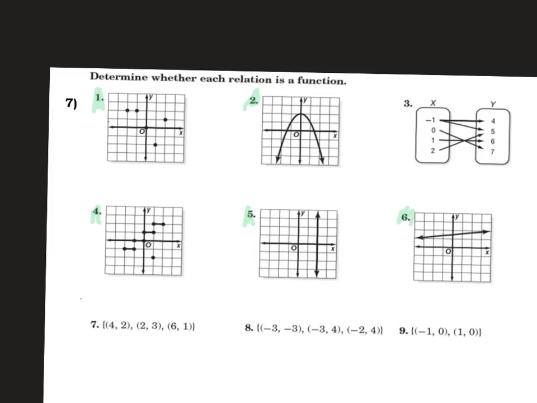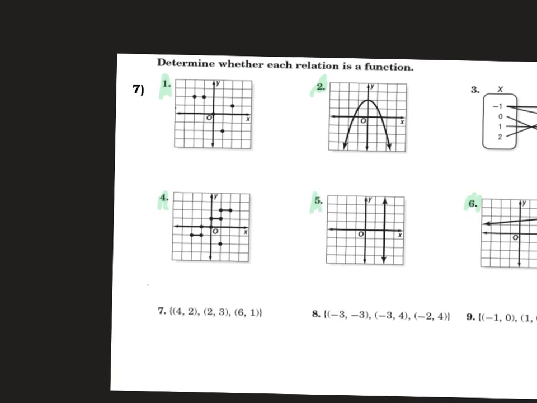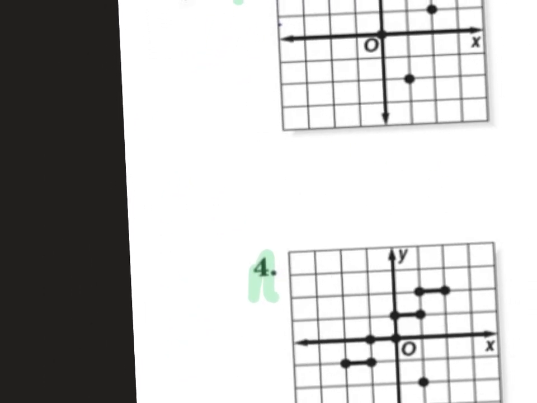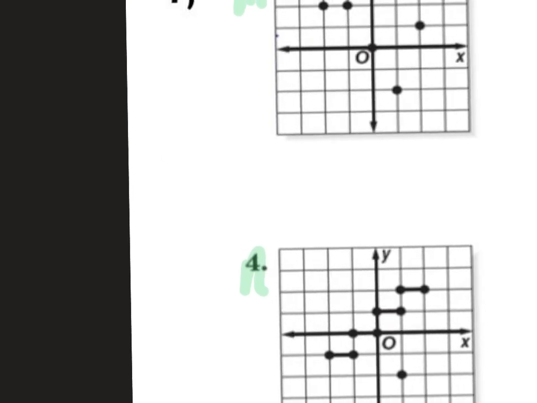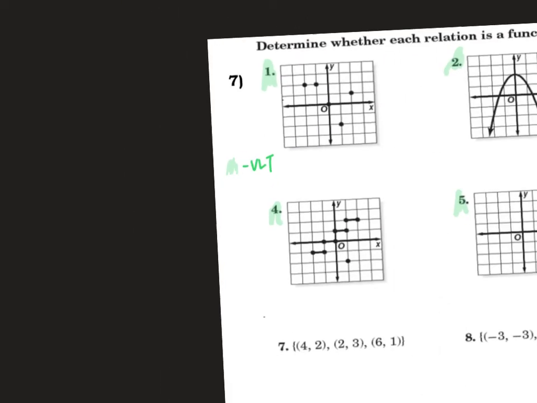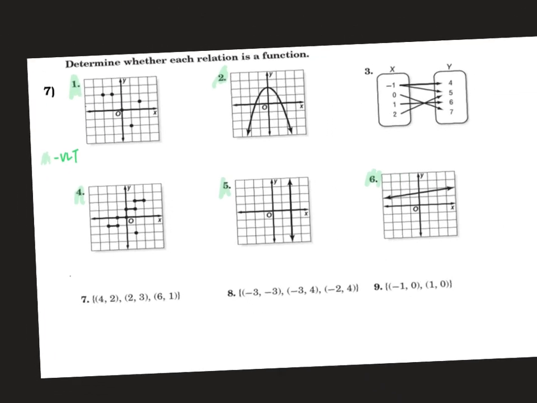Every time this is green, I'm going to use my vertical line test, because that's my clearest way of determining whether or not a graph is a function.